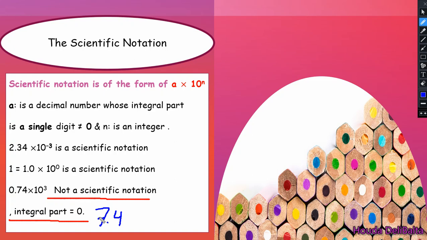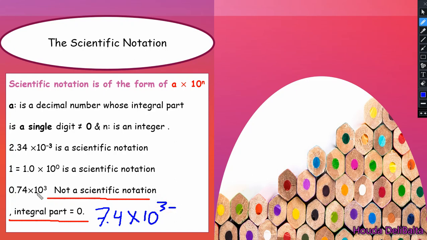It is increased. Because I'm not changing the value of the number, I'm just changing the form of writing, the value must stay the same. So because the integral part increased, I have to decrease the exponent of 10. I'm going to put minus.